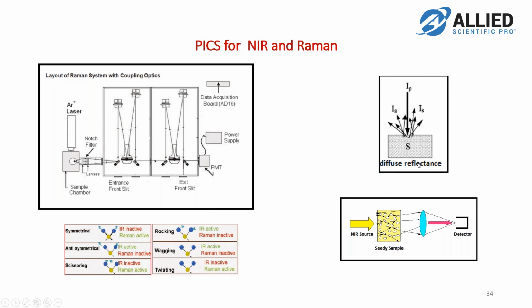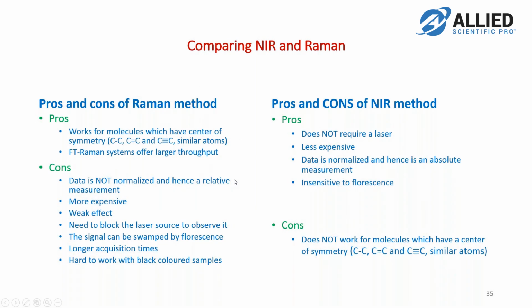Whereas in Near IR, the measurement is much faster and much stronger. However, if you have a sample that is symmetric, like a CC bond, then Raman will be the technique of choice. So you can see examples of this: CC double bond, CC triple bond.